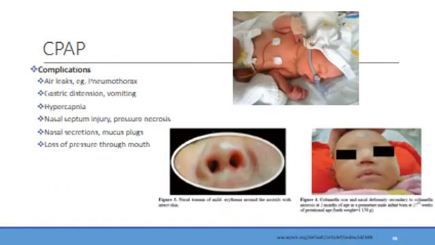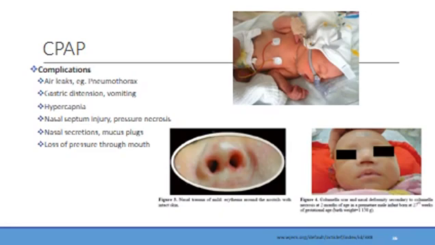There are also complications to CPAP. So firstly, if there is overdistension of alveoli, it can lead to air leaks, such as a pneumothorax. It may also lead to gastric distension, and it can also induce vomiting. Hypercapnia may result, especially if the baby does not have a strong respiratory drive.